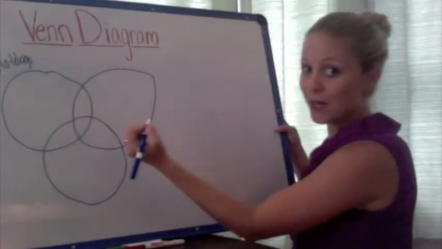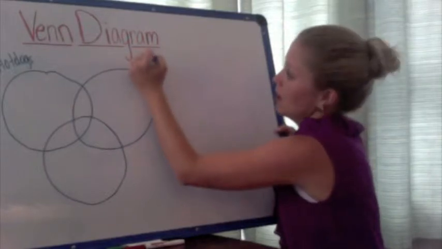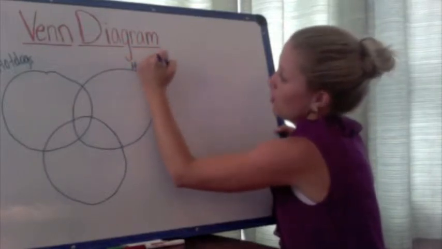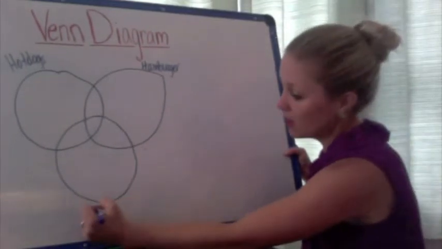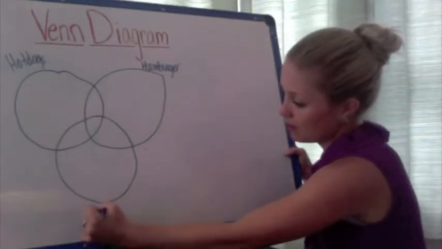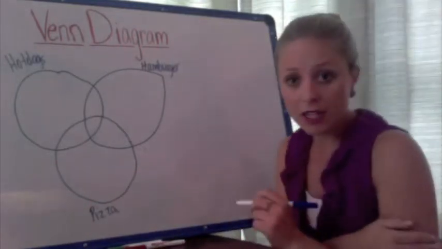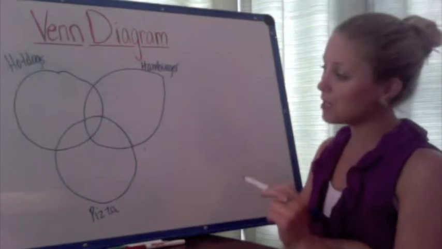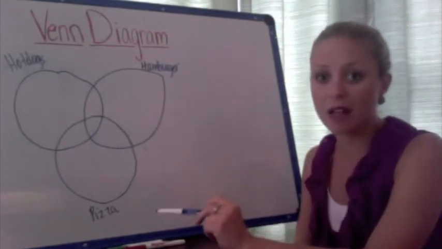And this will still be hamburger. And now we want to see who likes pizza. So this is pizza. Okay? So when you're looking at this diagram, you have three circles and then four shapes that overlap.